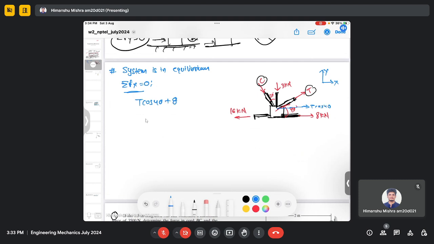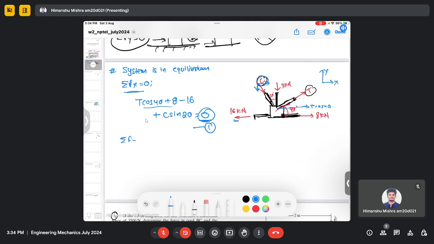There is plus 8 minus 16, which is in the x-axis but in the negative direction. Then we have component of this force, C, which is plus C sine 20 equal to 0. So from the equilibrium position, the summation of all the forces will be equal to 0. So this is our equation 1.